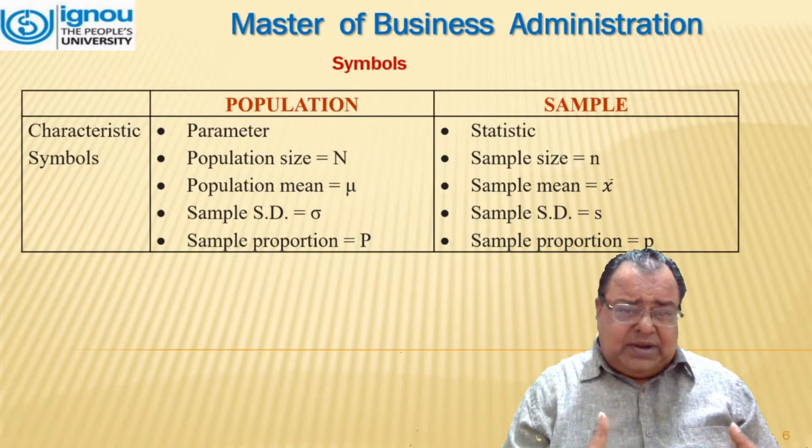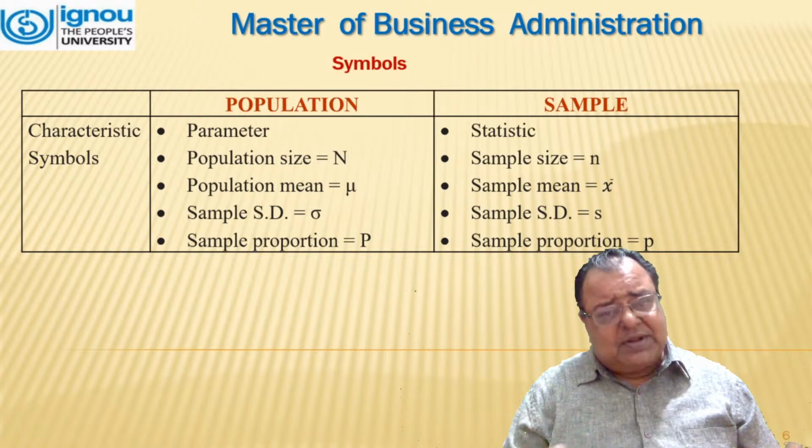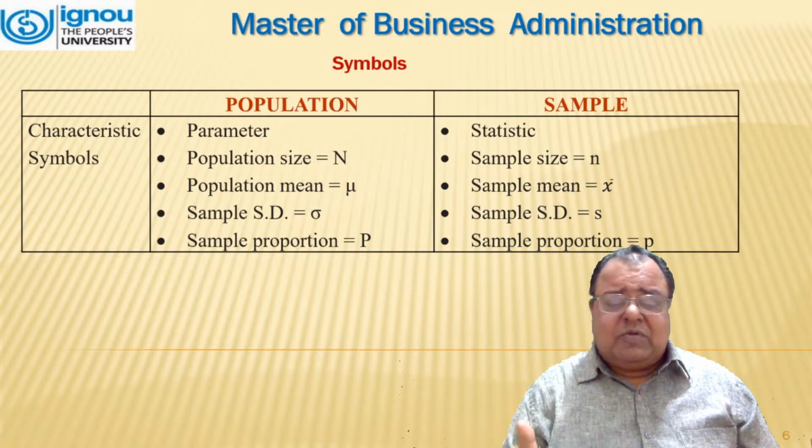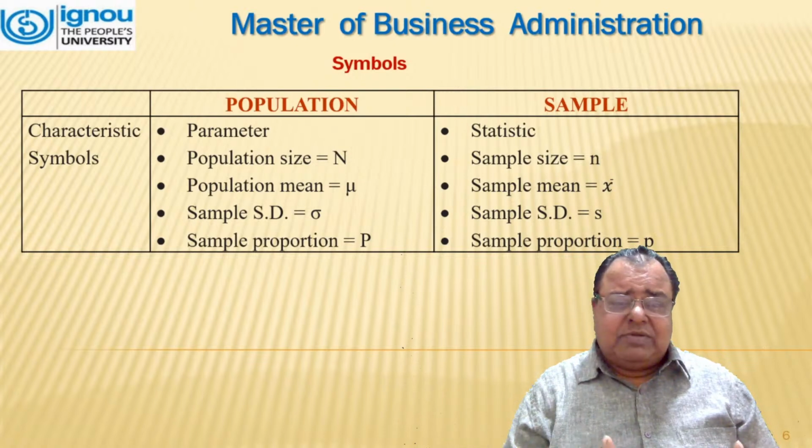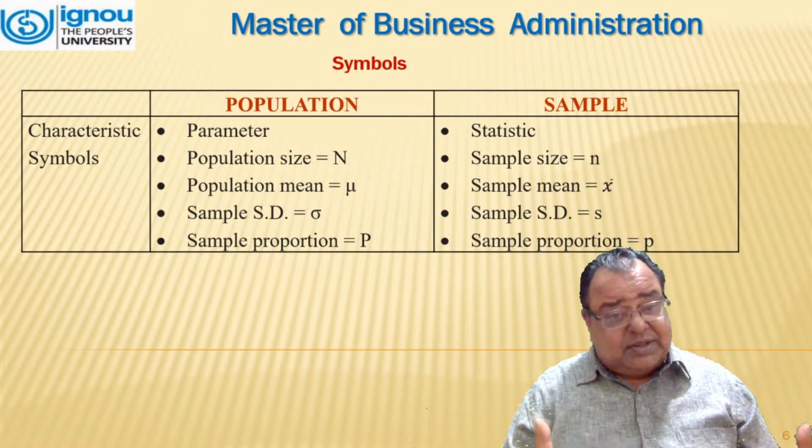There are different notations, symbols, which are used for two different things, that is the population as well as the sample. If we talk in terms of population, there is the basic parameter.